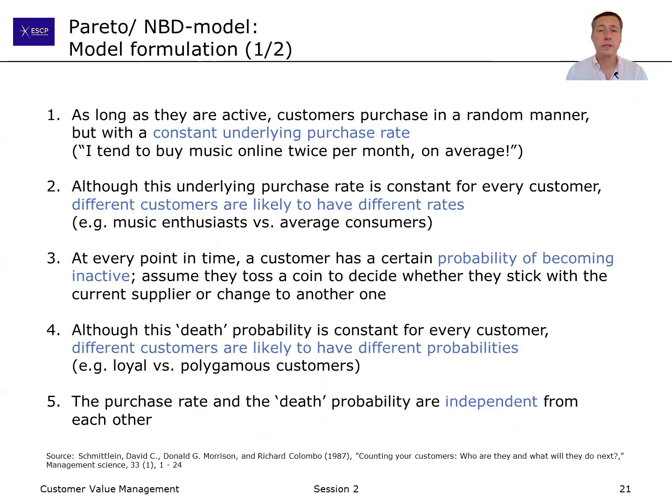Here you have all these assumptions again on one slide. As long as they are active, customers purchase randomly, but they have a constant rate. Different customers have different rates. Every day, customers can die, and different customers have a different probability of dying. You can build a statistical model based on these 5 assumptions.